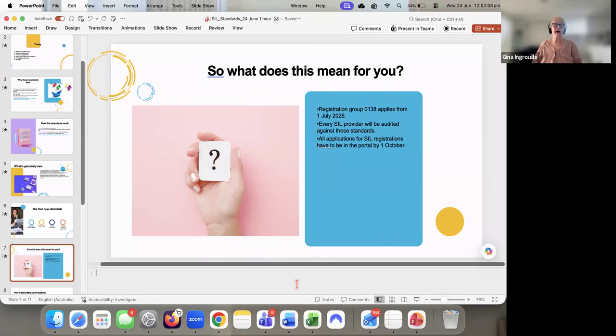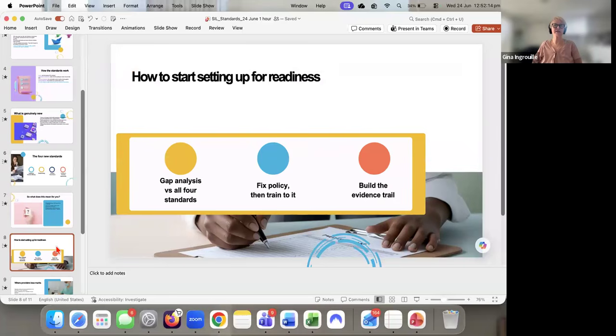Okay. That's the focus. So our next is, what are you guys going to do to start setting up for readiness? Some might just say, give me the policies and we'll pop them in there, and if we've got to have training, we'll do that.